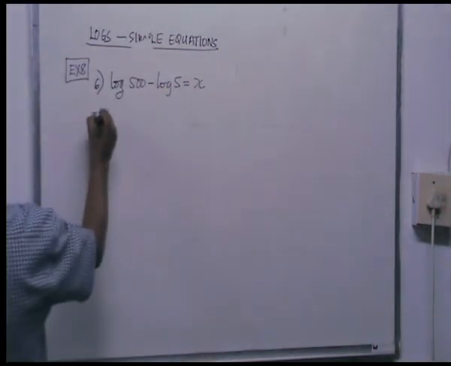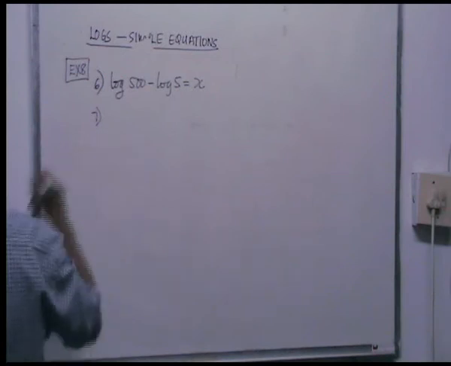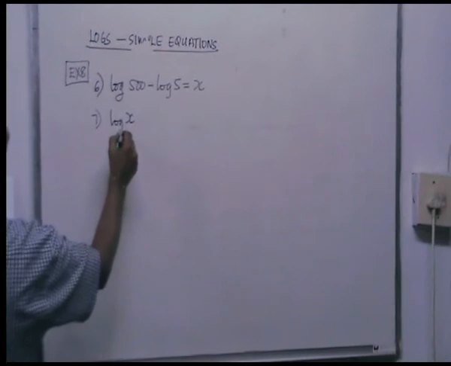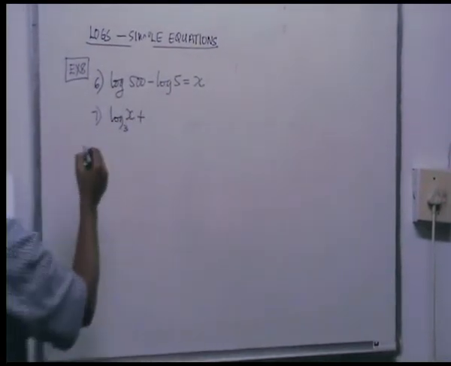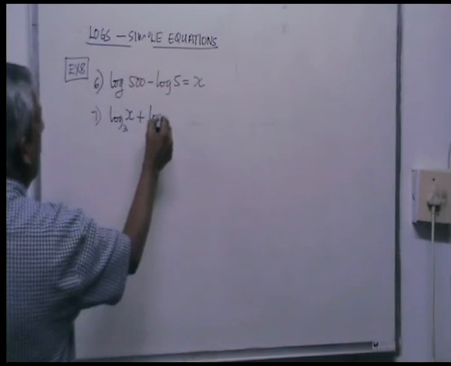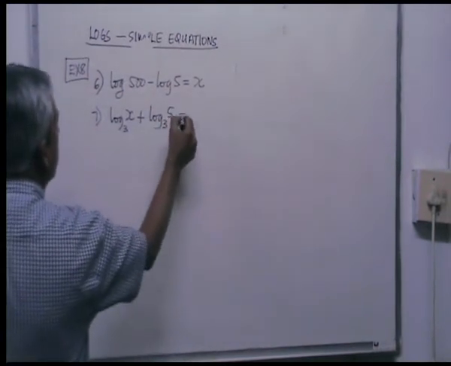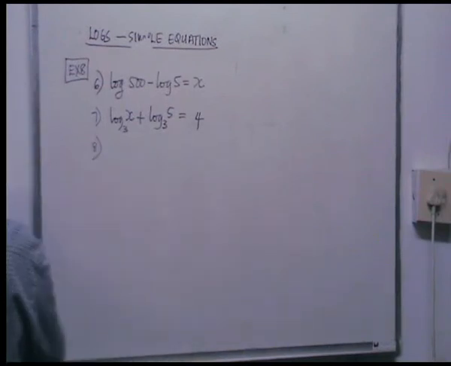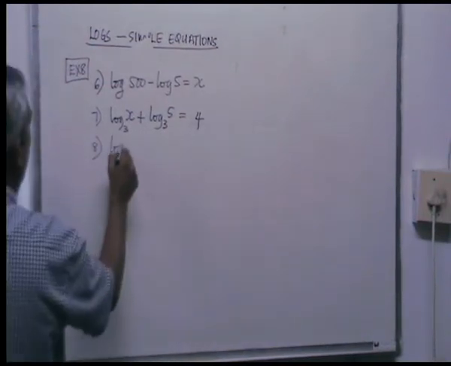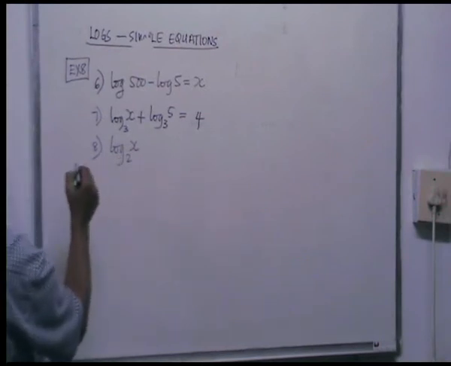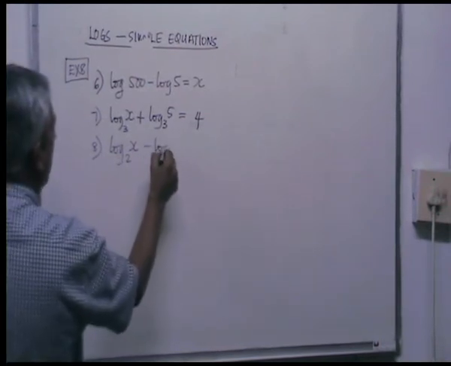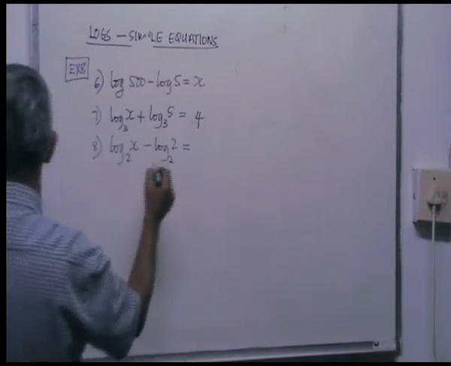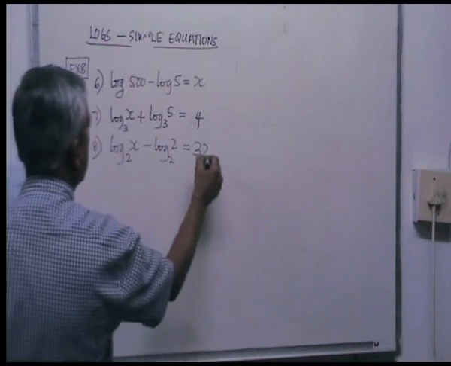Number 7, log of x to the base 3 plus log of 5 to the base 3 is equal to 4. Number 8, log of x to the base 2 minus log of 2 to the base 2 is equal to 32.